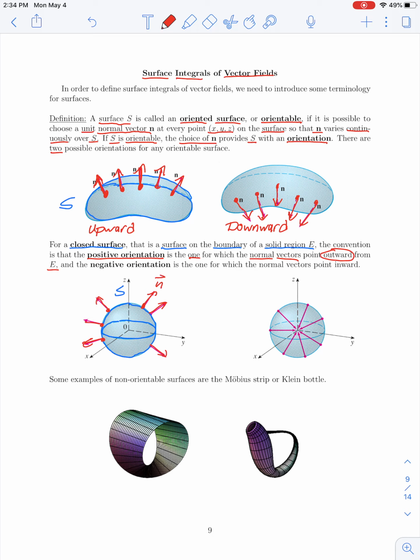We call these vectors n. And since these vectors are pointing outward from the unit ball or outward from the sphere, this is said to have the positive orientation.